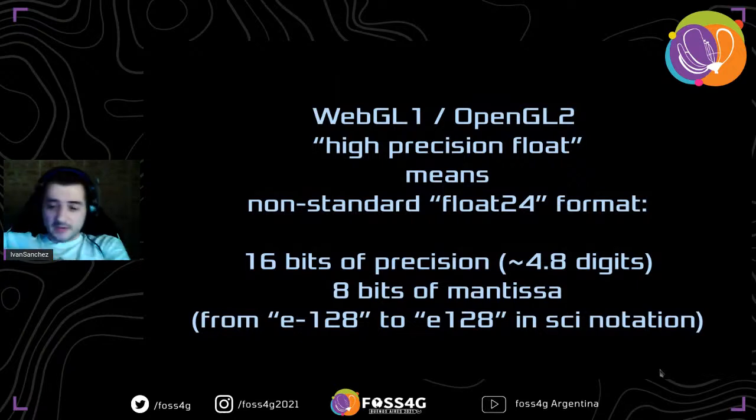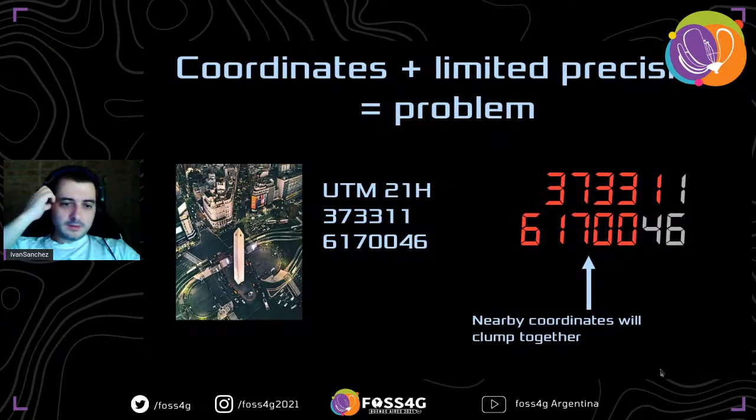In JS specifically, I guess you know where this monolith comes from, and those are the coordinates in UTM. If I want to store those UTM coordinates in a WebGL buffer as floating point numbers, I will have to drop some digits. I can only store 4.8 digits, so I'm going to round that up to 5 digits.